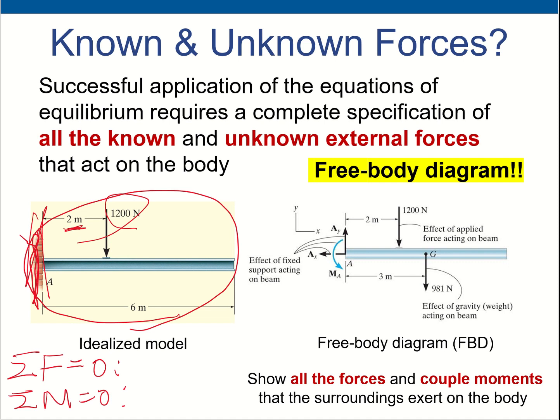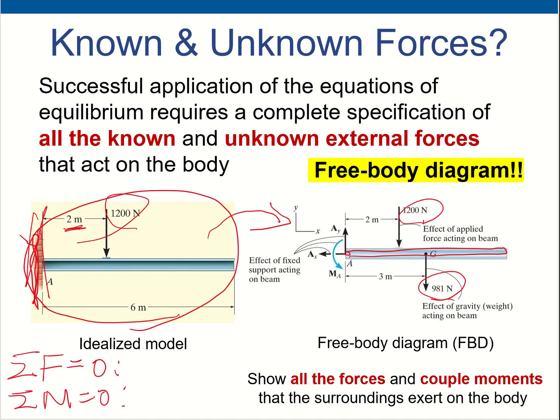In this case, to solve the problem, we can use the free body diagram. So what is a free body diagram, guys? A free body diagram shows all the known and unknown forces as well as moments.